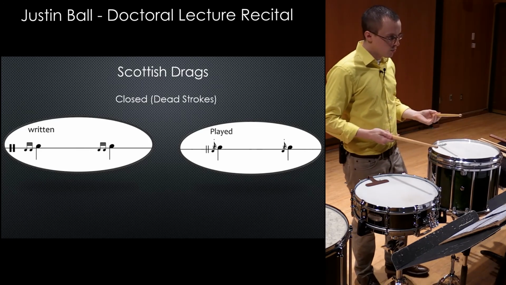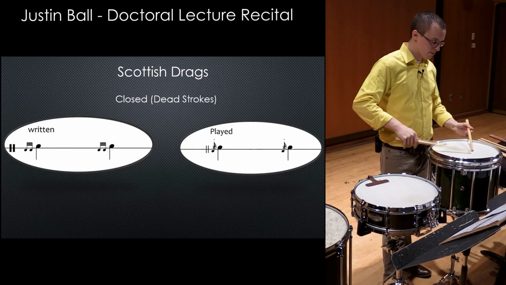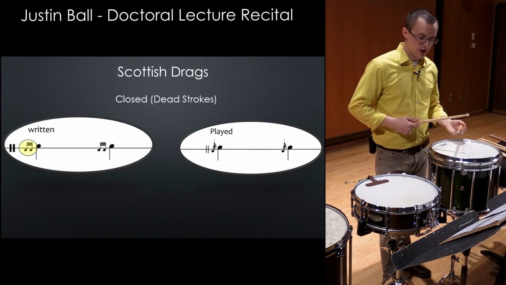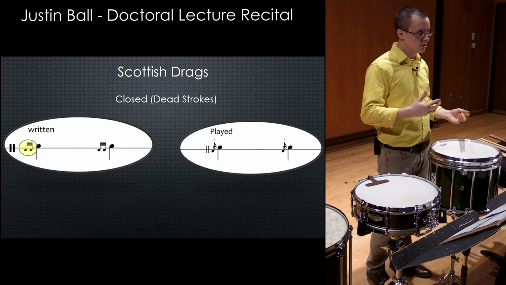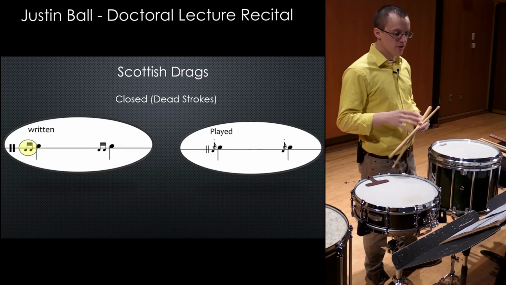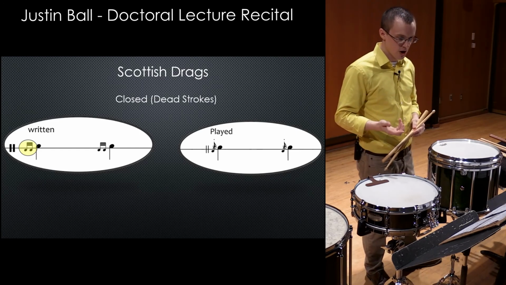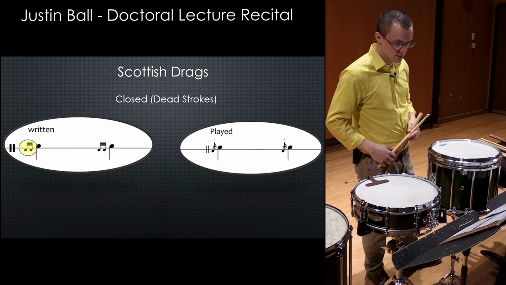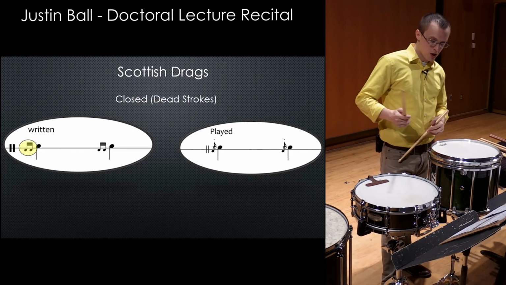This is followed by a primary note to create the Scottish drag. Concerning the notation of Scottish drags, it's simply common knowledge within the pipe band community that this always designates a closed drag.